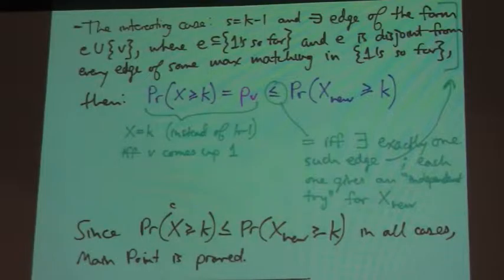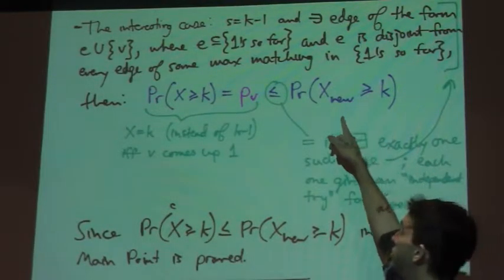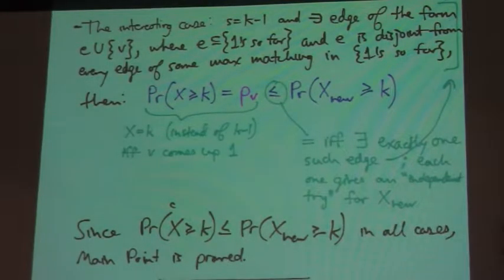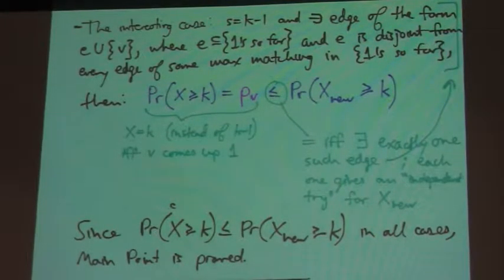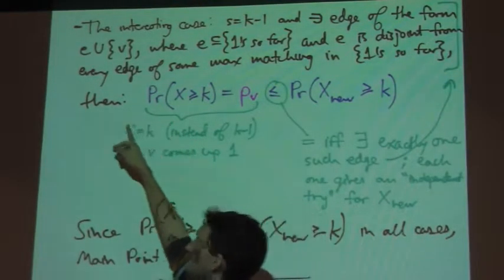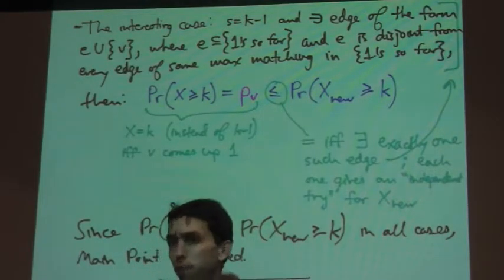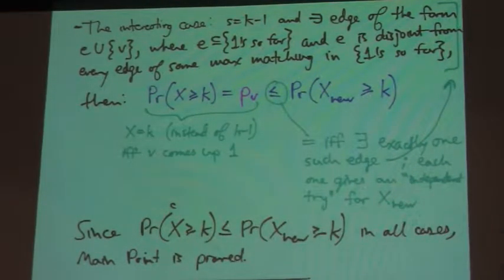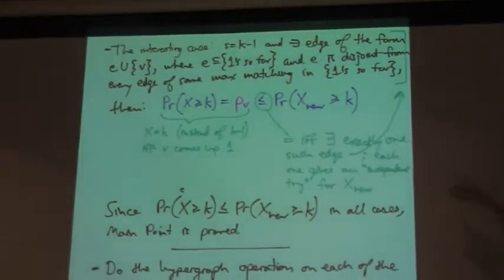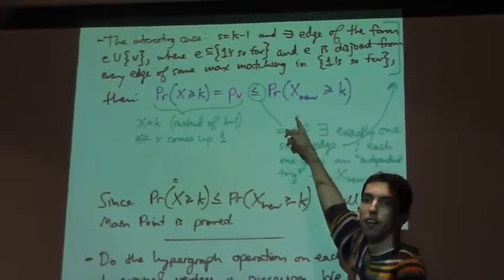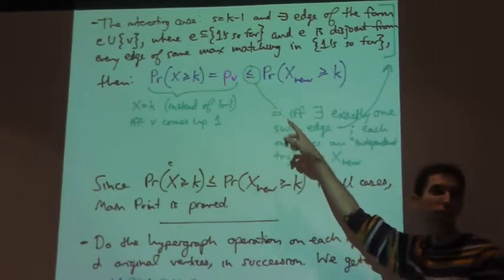maximum thing. And what's the probability that X new increases? Well, there might be several edges like that. There might be several candidate edges, where a candidate edge is one that could have possibly increased the size of the maximum collection. And for each one, x new gets an independent try, all at probability PV.